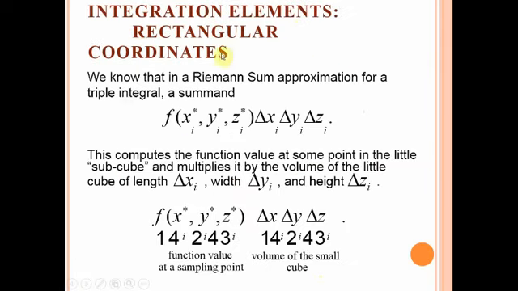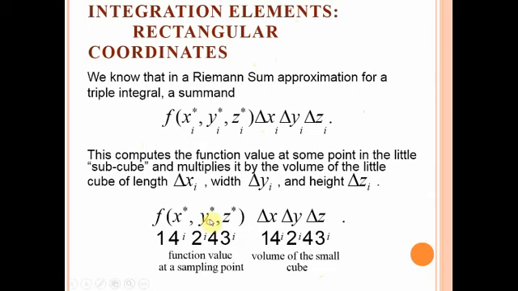Now, the integration elements. In rectangular coordinates, where a function is there, we have delta x, delta y, delta z, which are small increments in every direction.